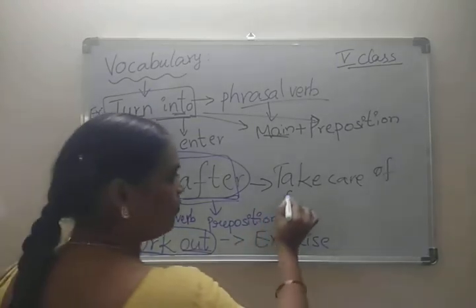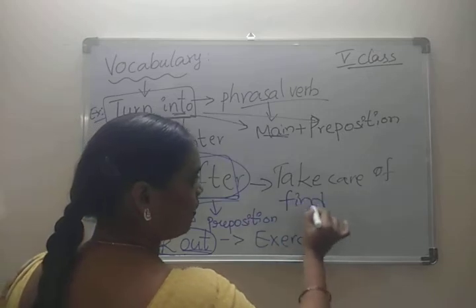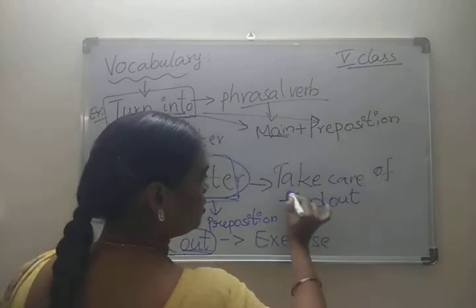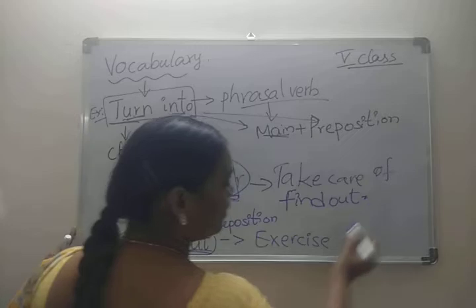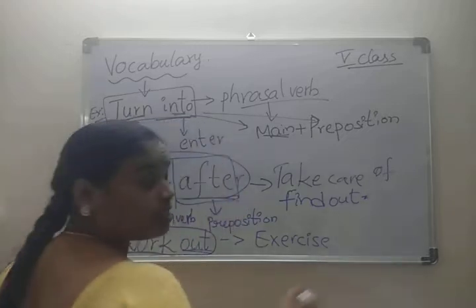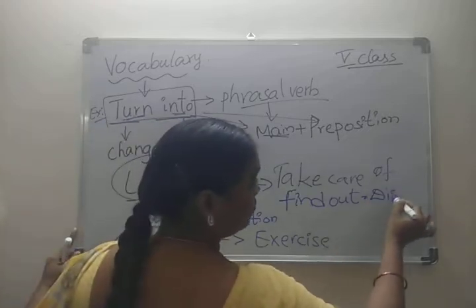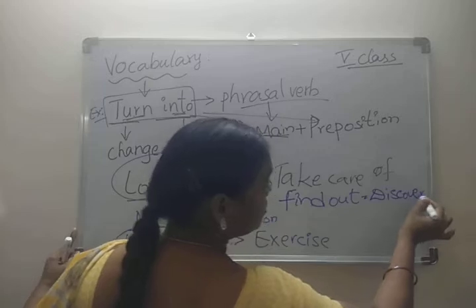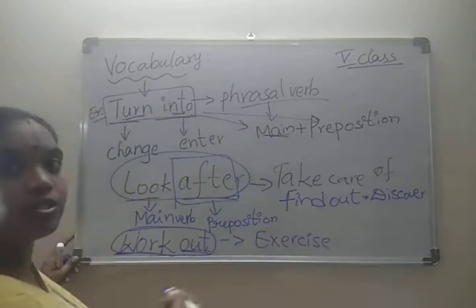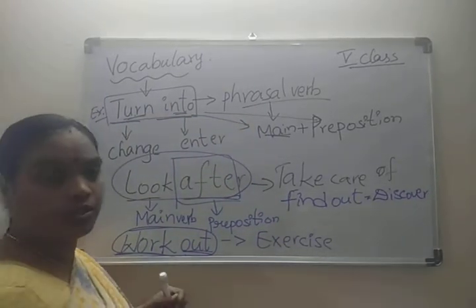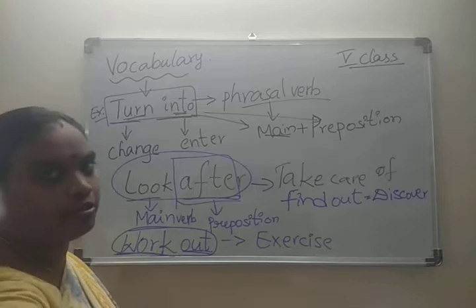And one more is find out. This is another example. Find out means discover. Say we lost something. Then what do we have to do? We will try to find out, no?